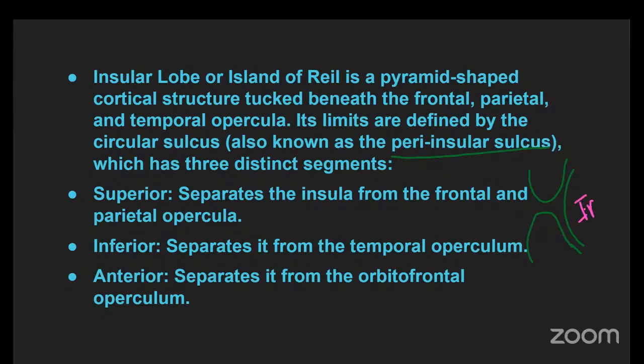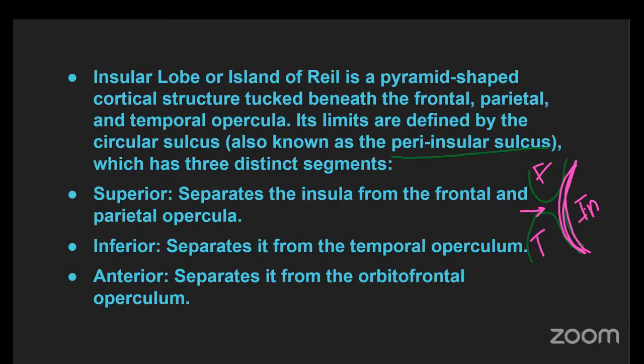So this is insula, this is frontal operculum, this is temporal operculum, and what you see here is the Sylvian fissure. The portion which is adjoining right over the insula, this circular thing, this is called the circular sulcus, also known as the peri-insular sulcus, right?